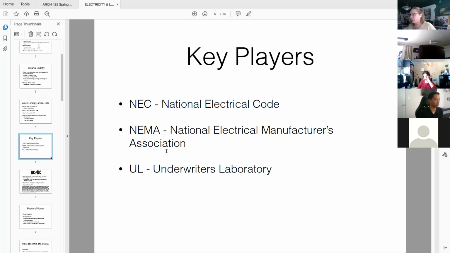And you're also gonna see the term UL, Underwriters Laboratory, which is a giant corporation, but what they have done is established a testing procedure to meet all of the various different testing guidelines by different industries to verify that certain products meet the guidelines of the testing regulations.